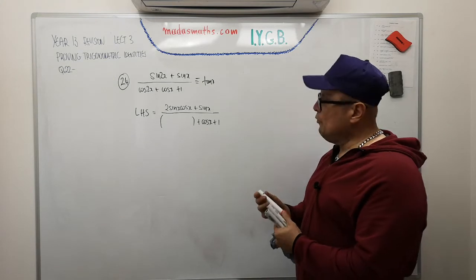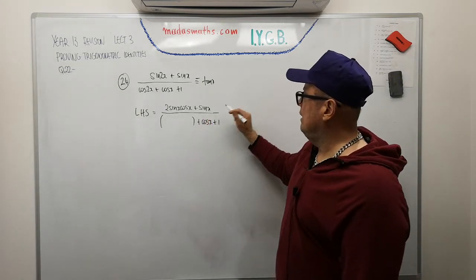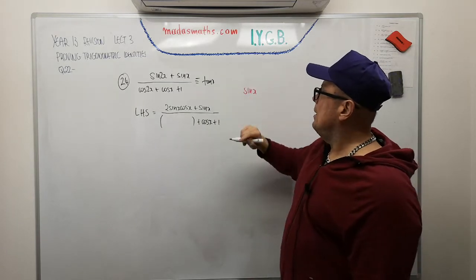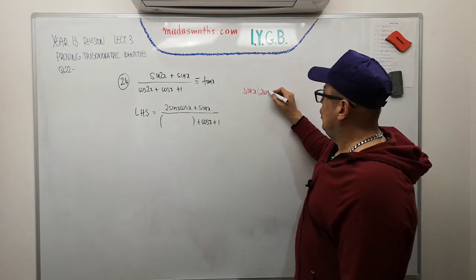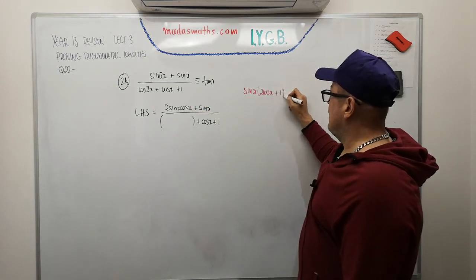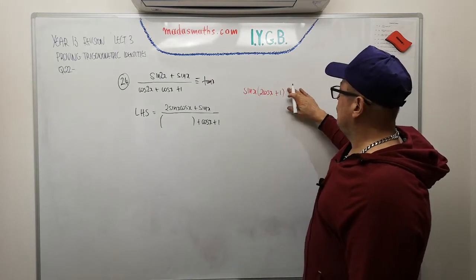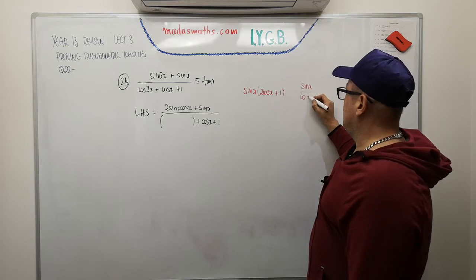But I also observe on the top, if I factorize the sine, sometimes it's worth looking at things ahead, looking at your answer, the sine of x, I'm going to get 2 cos x plus 1. That's on the numerator. And I'm looking at the tan, and the tan, of course, is a sine x over cos x.